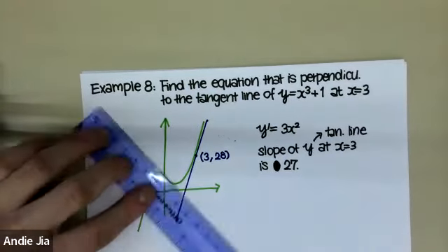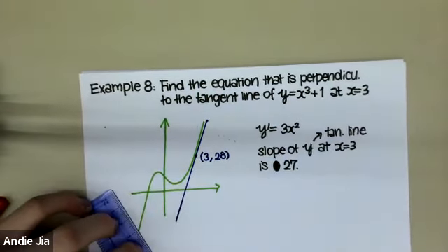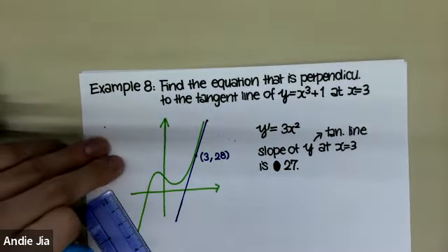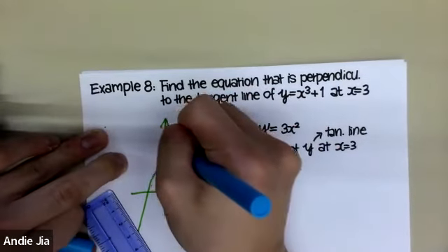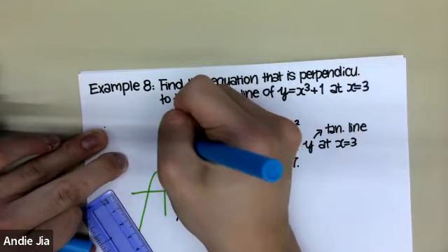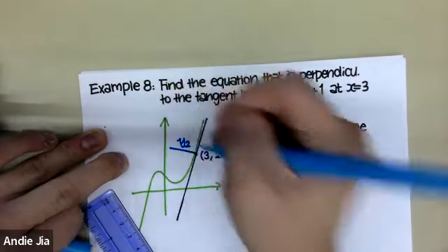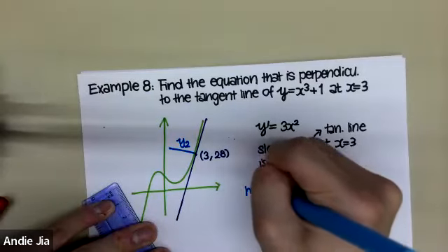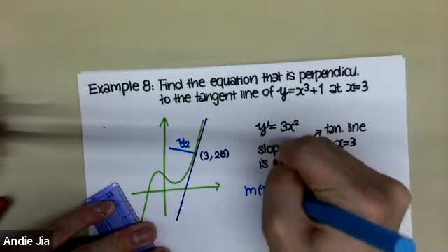So for perpendicular, it's the negative reciprocal of the slope. We want to find the slope of the light blue line, y2.